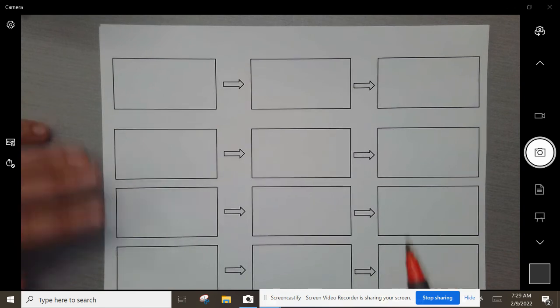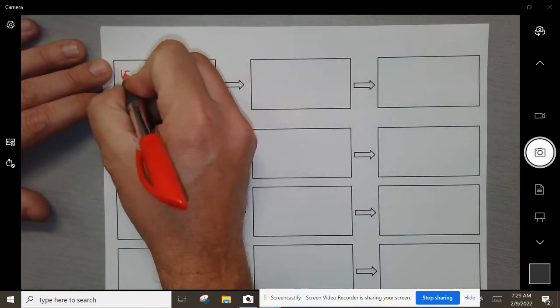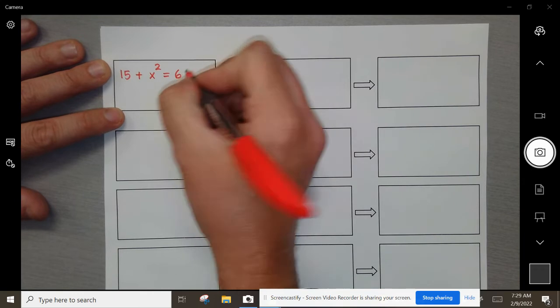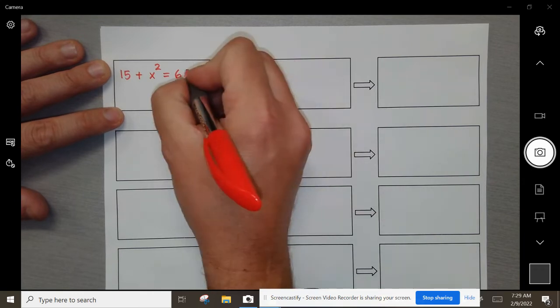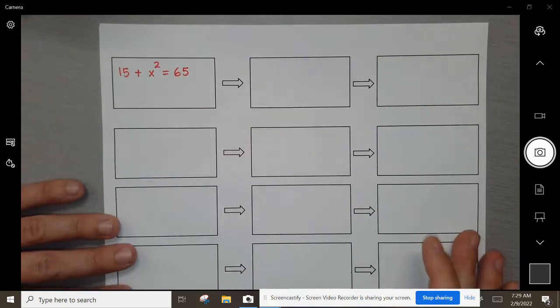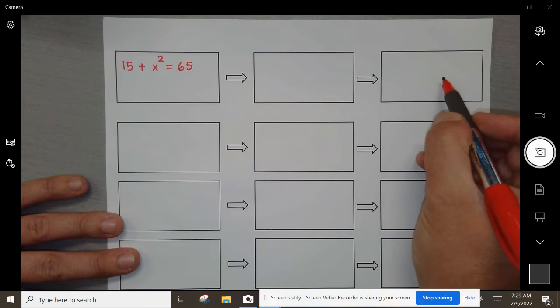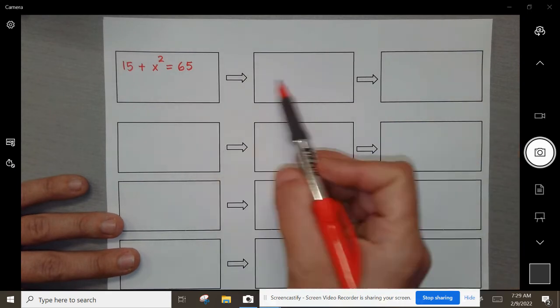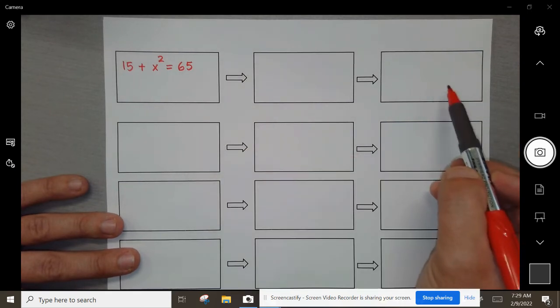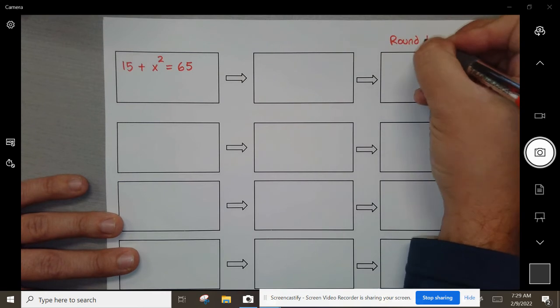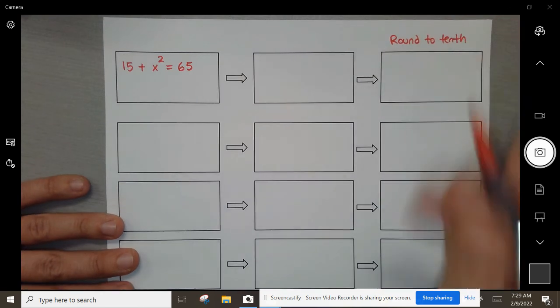Again, from yesterday, what if I said it's 15 plus x squared equals 65? Okay? So go ahead and if you need to, use the calculator, but I want to get a final answer in this box. Okay? First step, second step, final, either rounding. If you have to round, I'll put this here. Round to 10th. Okay? Let's do a couple of these together.